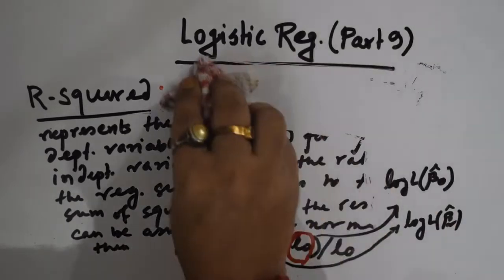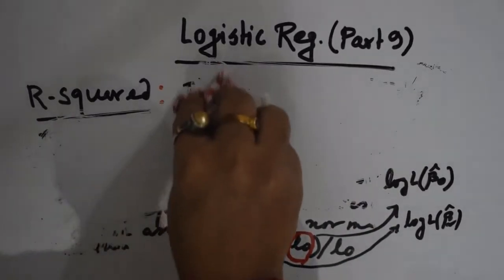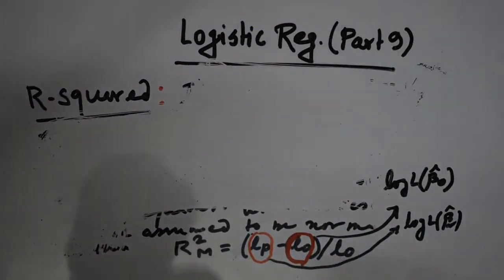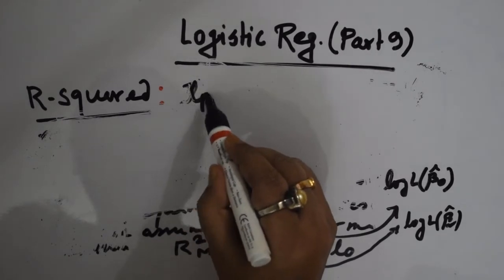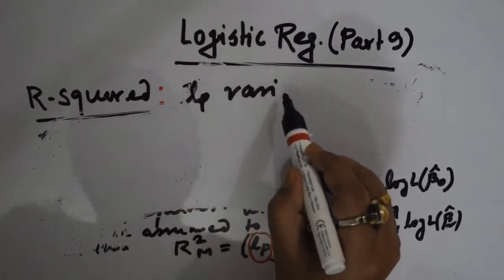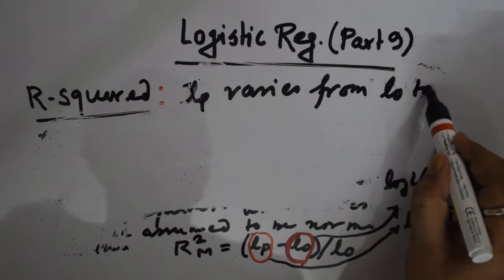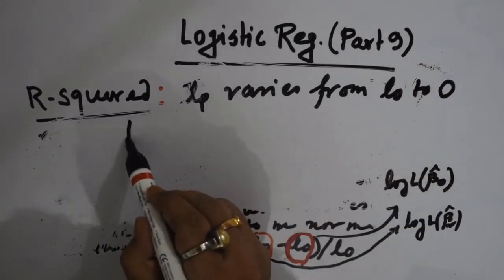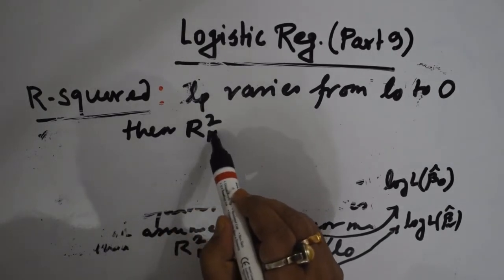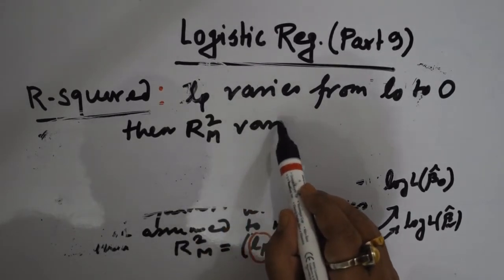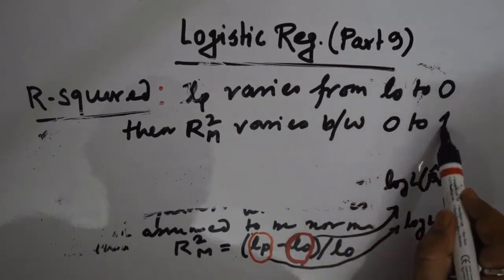So since small lp varies from small l naught to 0, then R square m varies between 0 to 1.